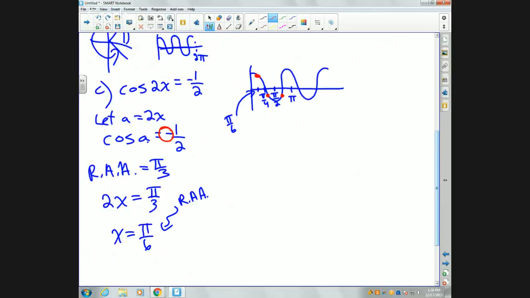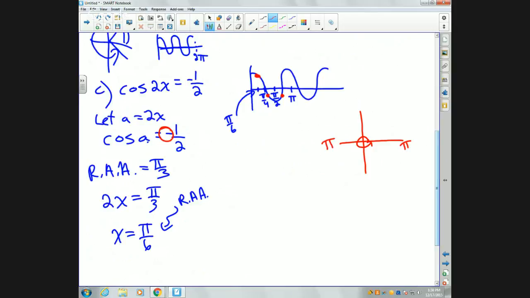Well, if the related acute angle is pi over 6, here's another way to think about this. Normally we would talk about one complete cycle being 2 pi. Now one cycle is actually pi. So if we start here and we go all the way around, that's pi radians. It takes pi radians to complete one full cycle.